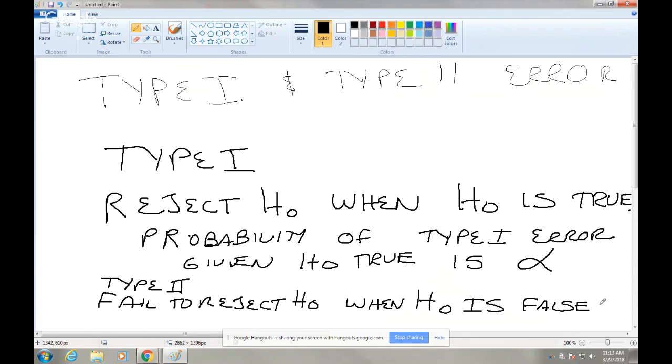And then by subtracting that from 1, we can come up with a probability called the power of the test, the power against a certain alternative. Those are terms you may see, but they are beyond the scope of this.